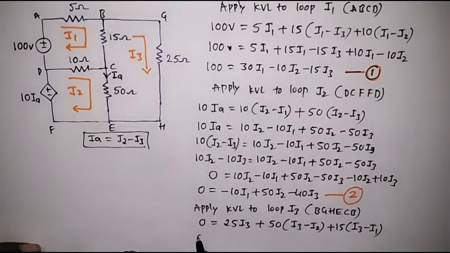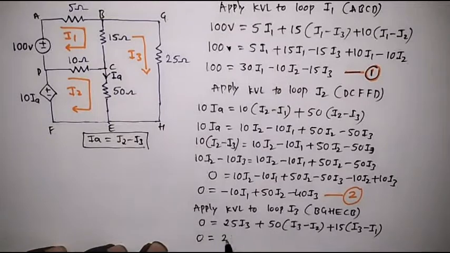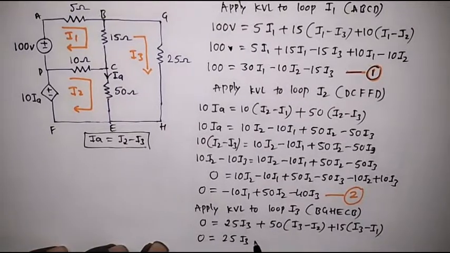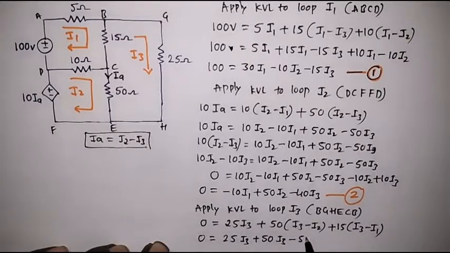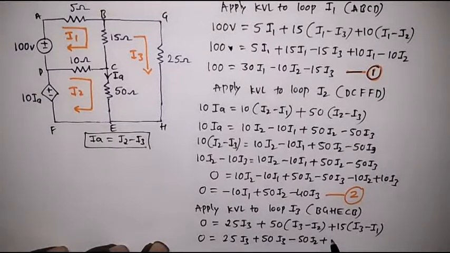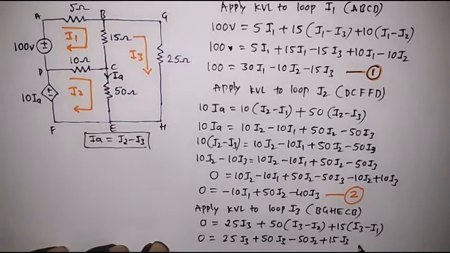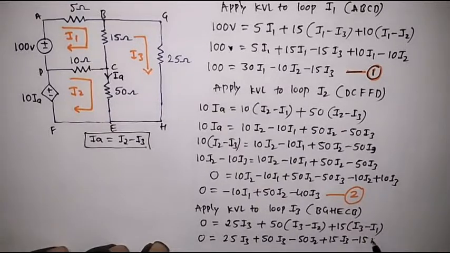We'll simplify this further. 0 is equal to 25 I3 plus 50 I3 minus 50 I2 plus 15 I3 minus 15 I1.